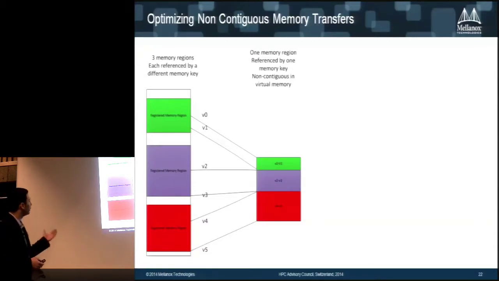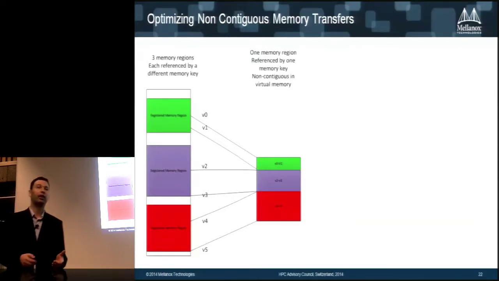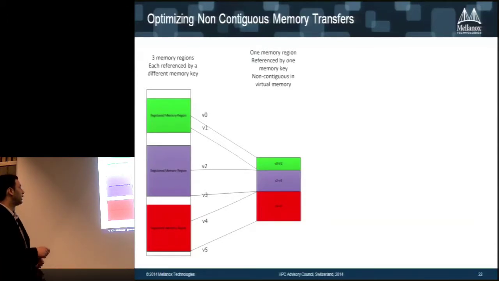the common case, but the first example is looking at 3 regions that are located in virtual memory, but they're not contiguous. They're in different sizes and different locations. But the idea here is that you could build a virtual address space in the networking adapter domain that will consolidate those areas from V0, V1, V2 into a single contiguous space.